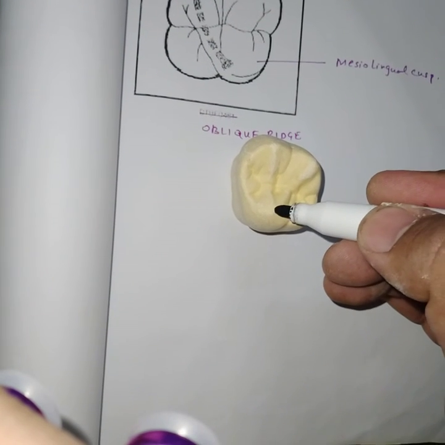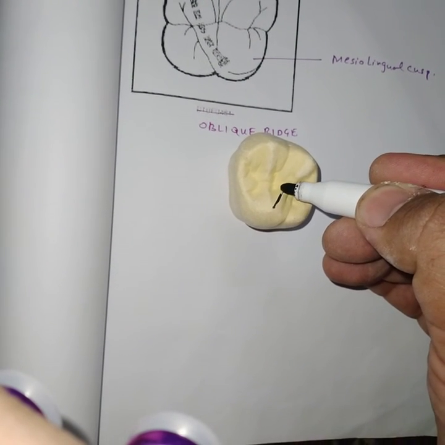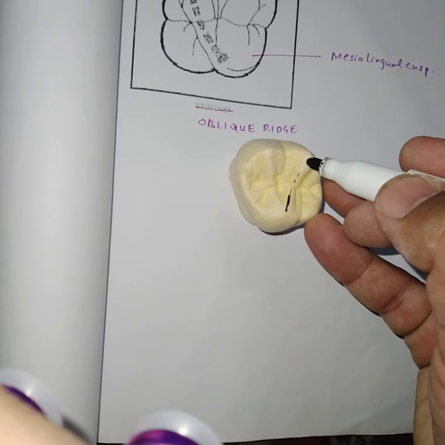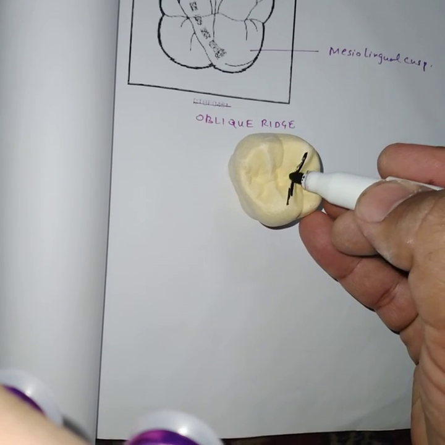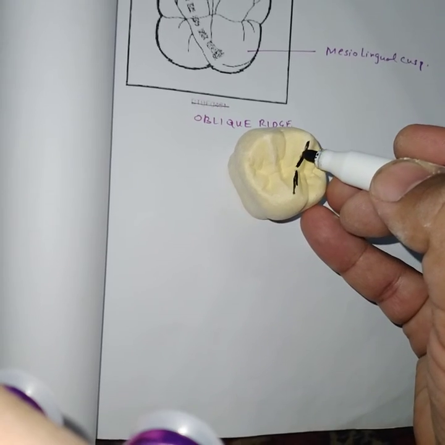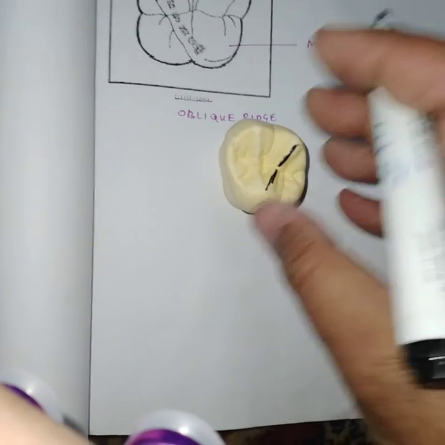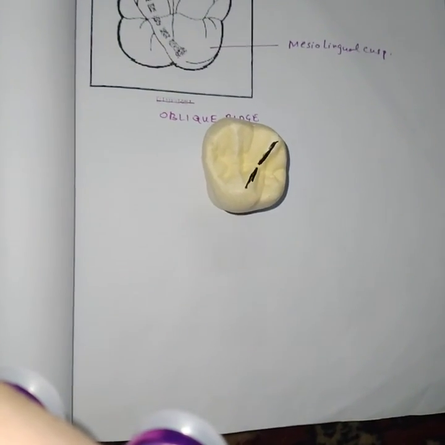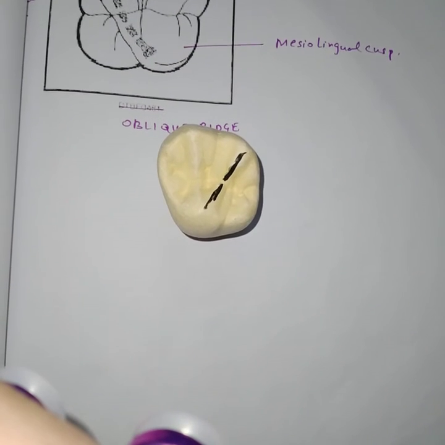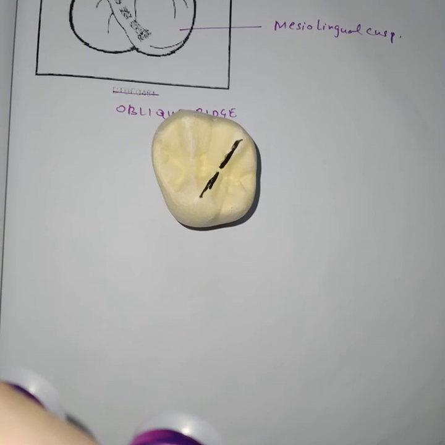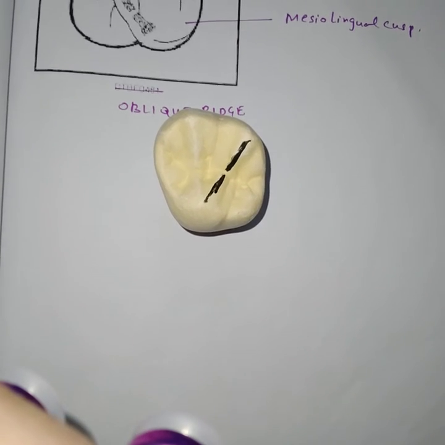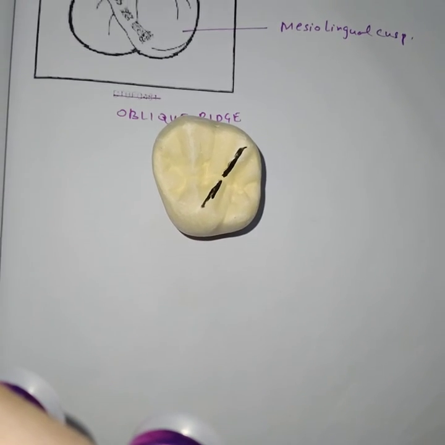This is the oblique ridge formed by the distal cusp ridge of the mesio-lingual cusp and lingual cusp ridge of the disto-buccal cusp. Understand?